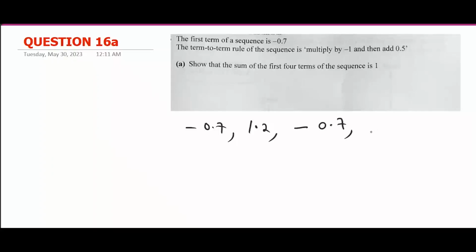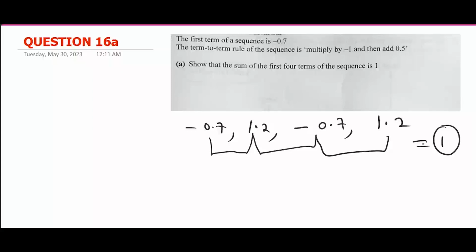If you use a calculator, that will also give you 1.2. So we have the first four terms now. If you add these together, the answer will be equal to 1. So that means we have shown that the sum of the first four terms of the sequence is 1.